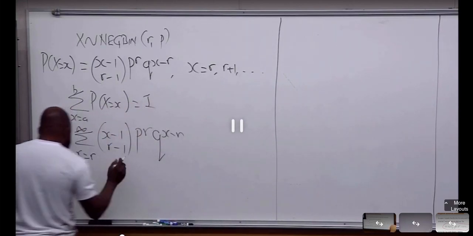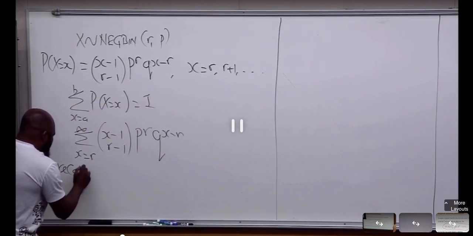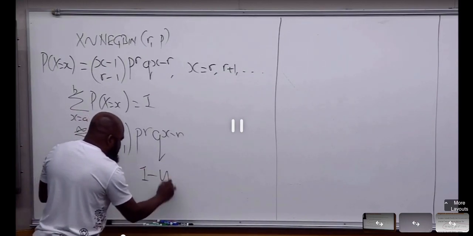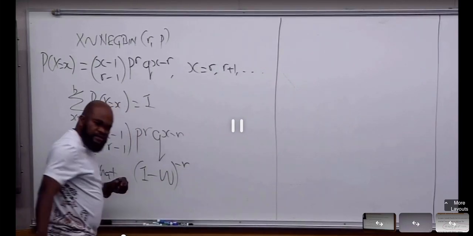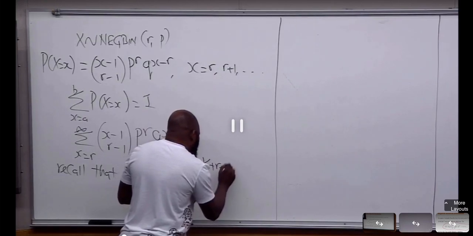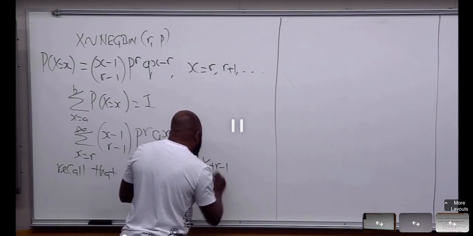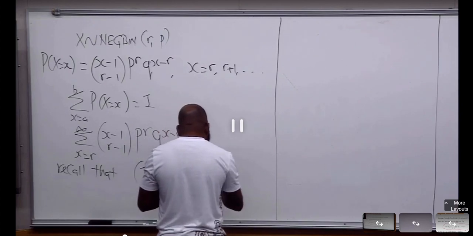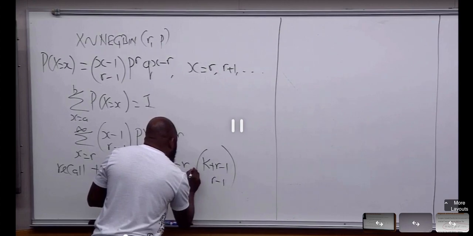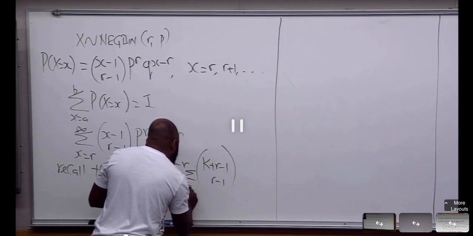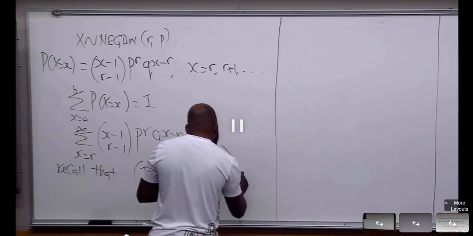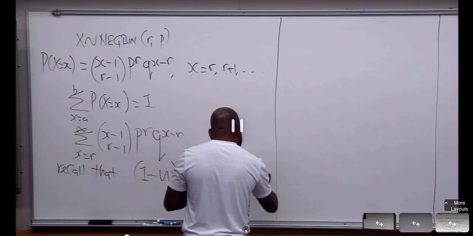Recall that if I have 1 minus w raised to power negative r, it is the same thing as the summation k starts from 0 to infinity of (k plus r minus 1 choose r minus 1) w raised to power k.